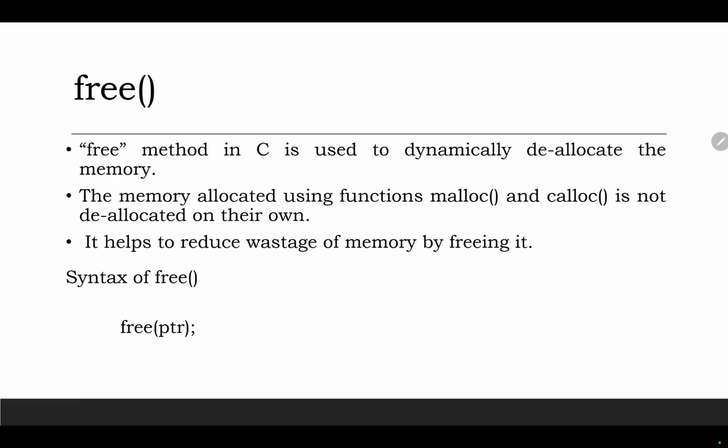The next one is the free function. This method is used to dynamically deallocate the memory. The memory allocated using the functions malloc and calloc is not deallocated on its own.